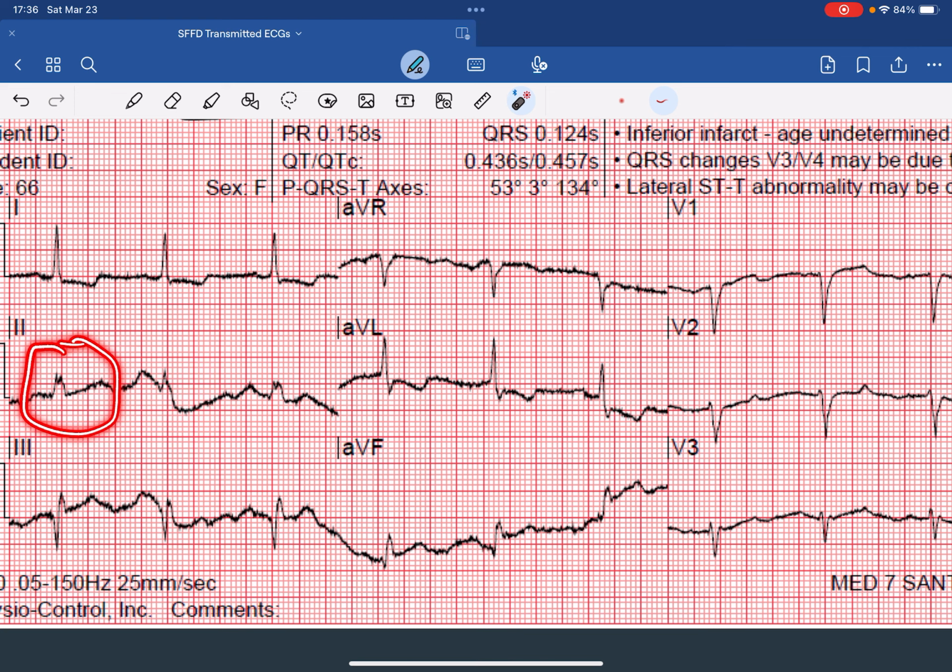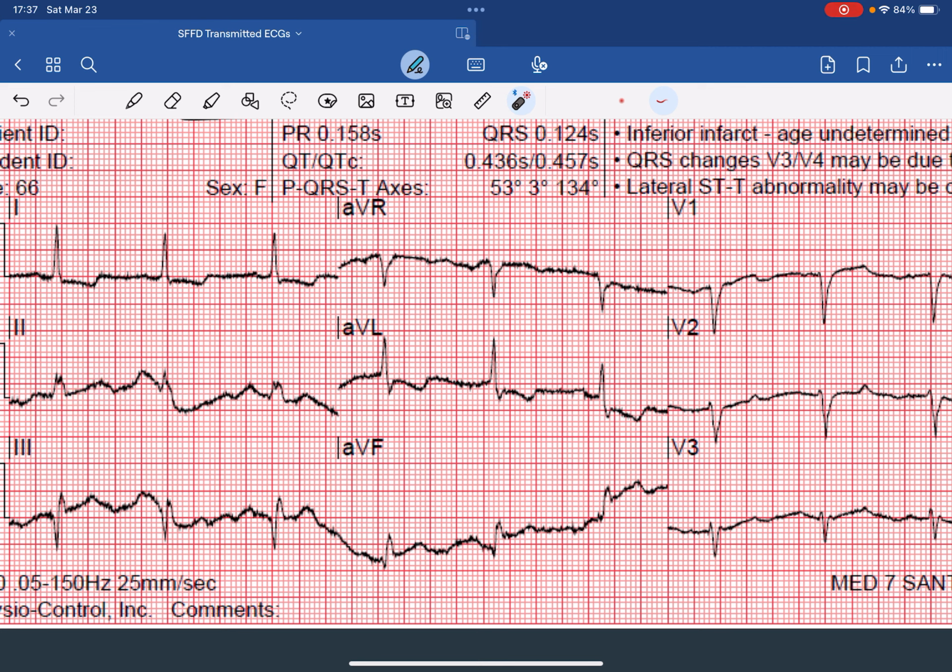If we take a good hard look at this complex, we can see that not only does the QRS complex seem small in amplitude when compared to the T-wave, which is an indication of a hyperacute T-wave, but also the T-wave itself, this being the J point, has a bit of a straight line associated with it, and it almost looks like a check mark.